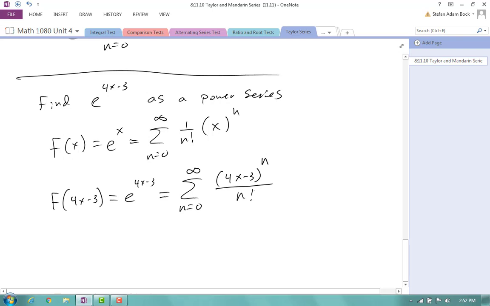And one of the great things about the power series for e to the x is its radius of convergence is always going to end up being infinite.